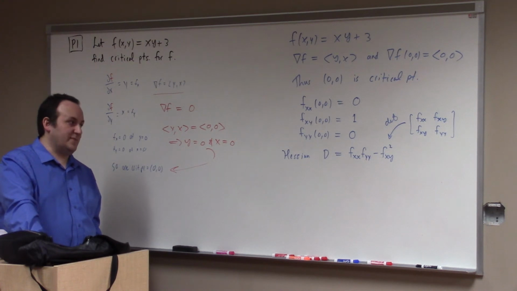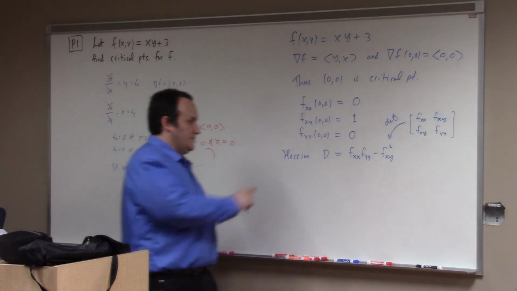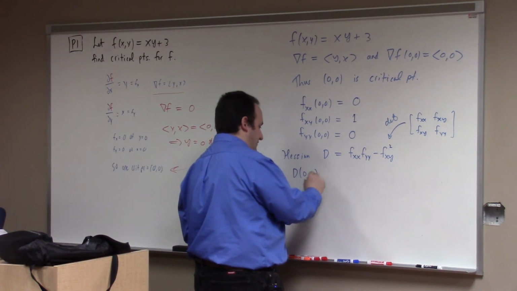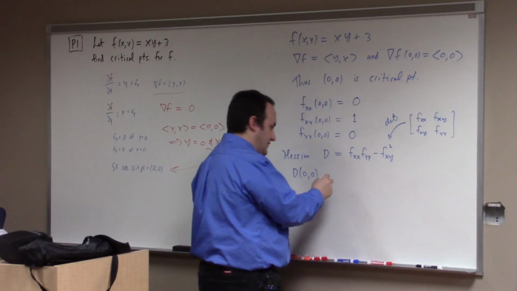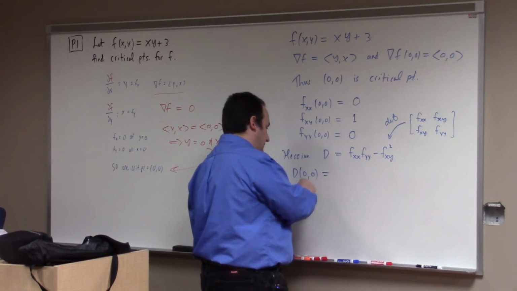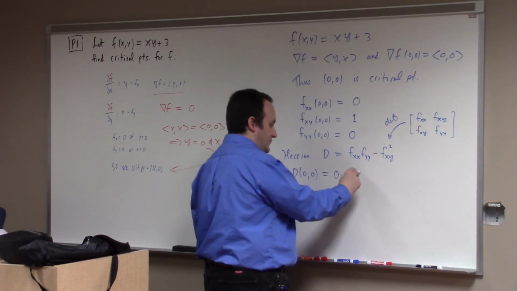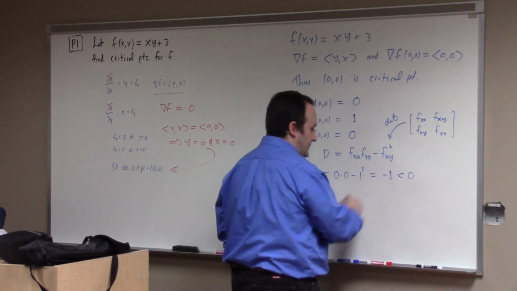But if D is positive, you have to look at the sign of f_xx. That's what we derived anyway. So let's work it out. What is D? I'm not going to go through the proof again. I spent the better part of the last hour of lecture establishing this test. It was a pretty long proof, really. So what do we got here? 0 times 0 minus 1 squared. So that's minus 1, which is less than 0.